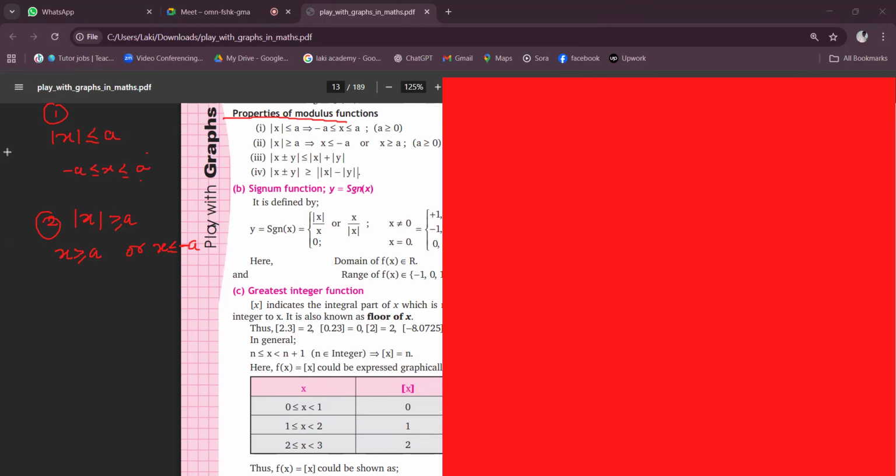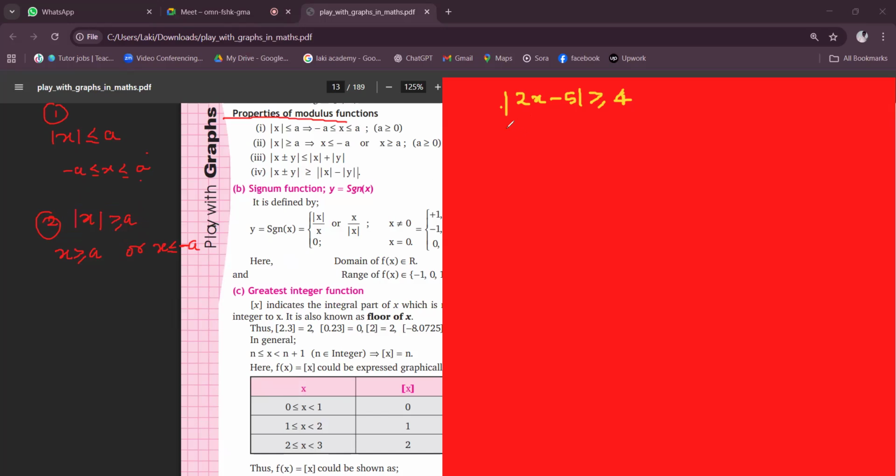If I ask you what is the value of x, which property will you use? The second one.